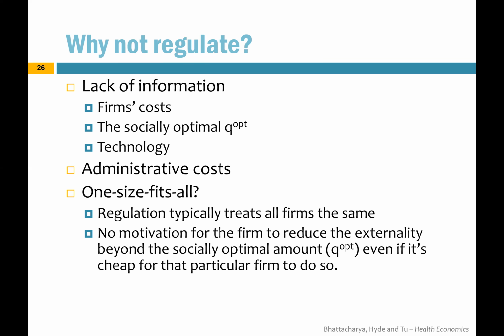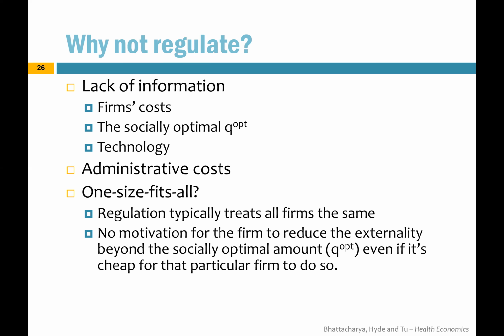So you might have some firm that could change its production process, and let's just suppose that there's some pollution going on, and that's an externality we want to deal with. Suppose that there's some firm that could change its technology to be much greener, much more environmentally friendly, and they could reduce these externalities by a lot.